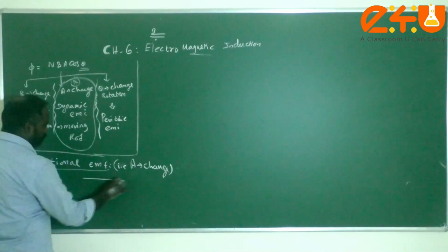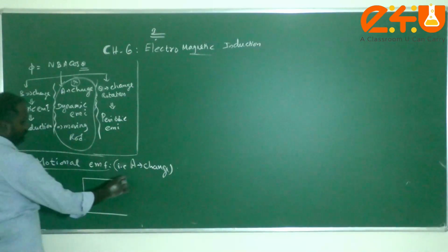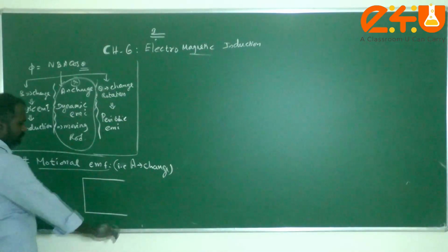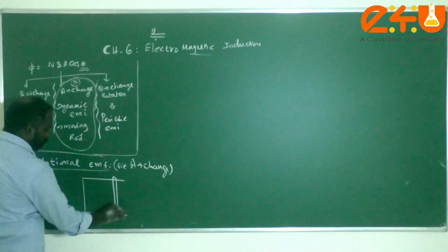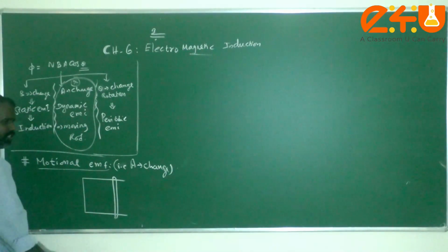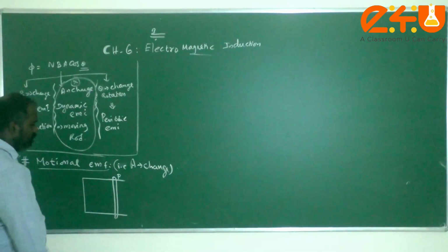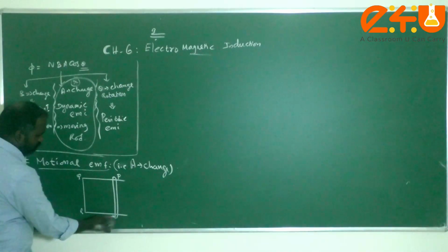Now please see that. Let us consider a rectangular loop like this, something like an L shape. There is a movable conductor. Say this end is P, and this end is Q, R, S will be there.